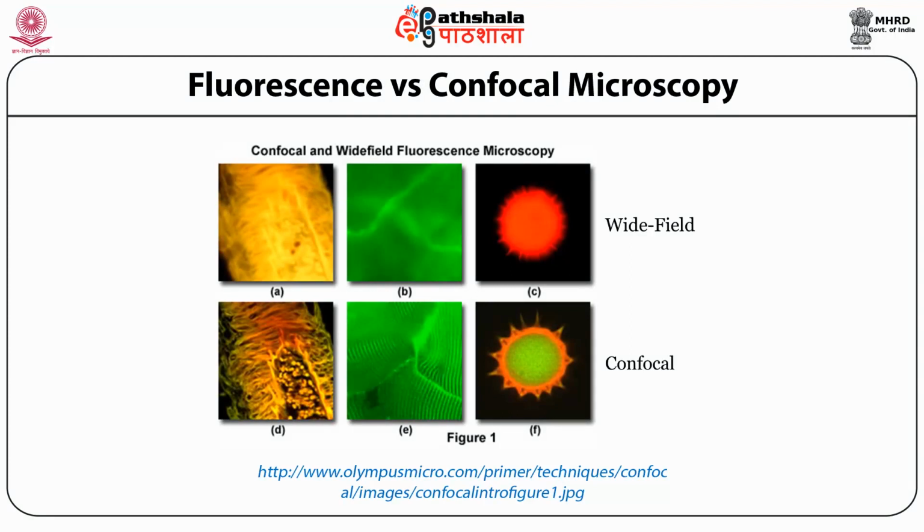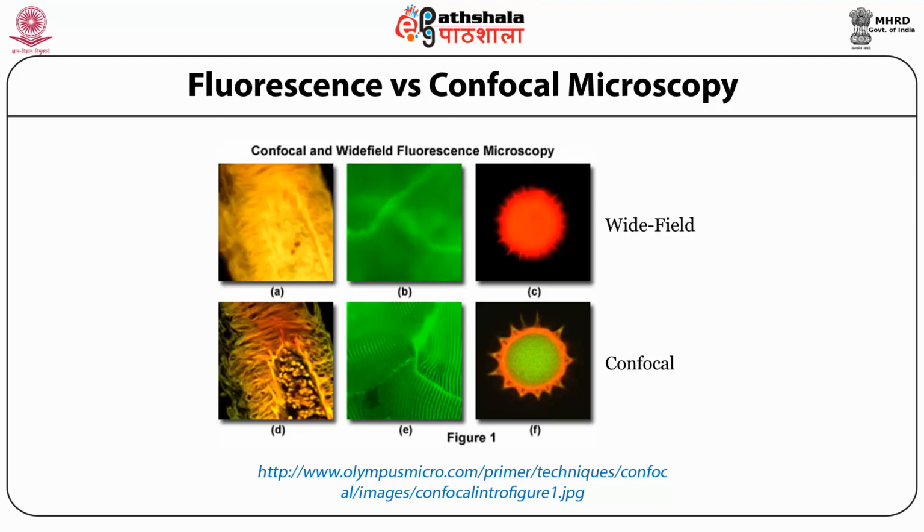The same three images are viewed by wide field microscopy as well as confocal microscopy, and as you can see in the very first panel, in all three the image quality is good, but the resolution is not that great. You still see a blurry image in all three cases, but in confocal we see a better resolution and much more clarity in terms of the organization that we are seeing in all the cases.